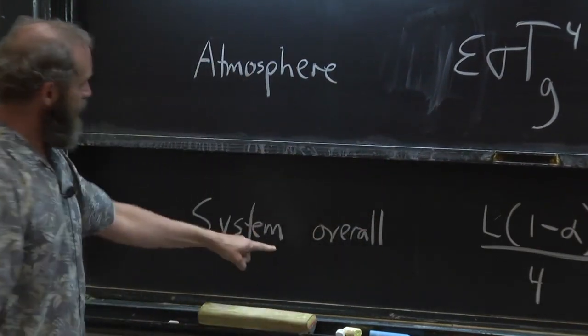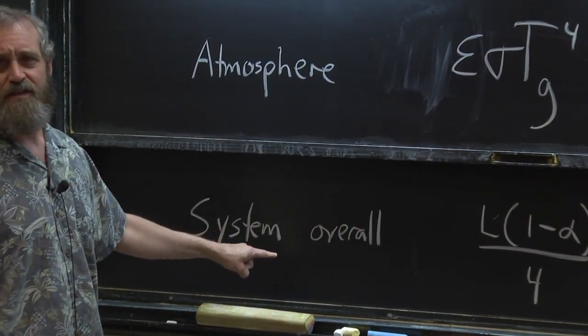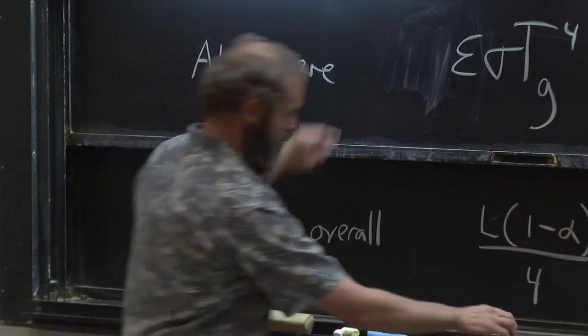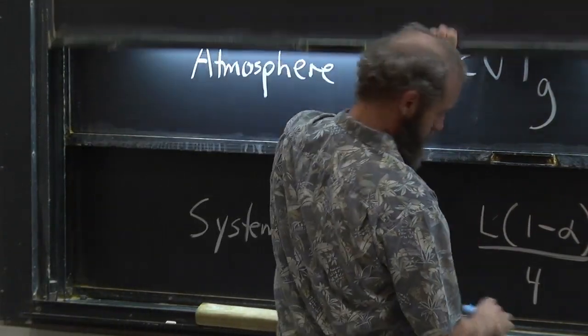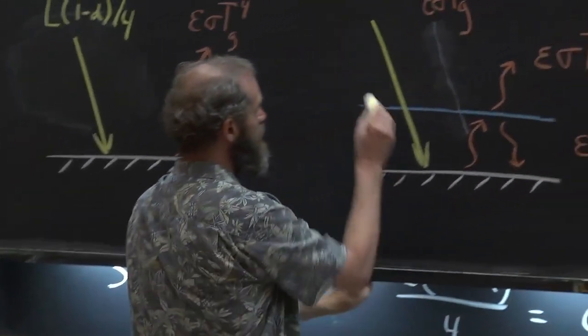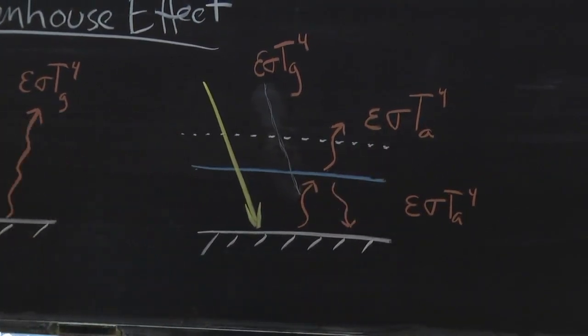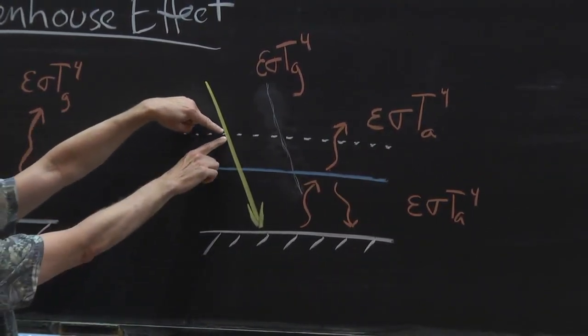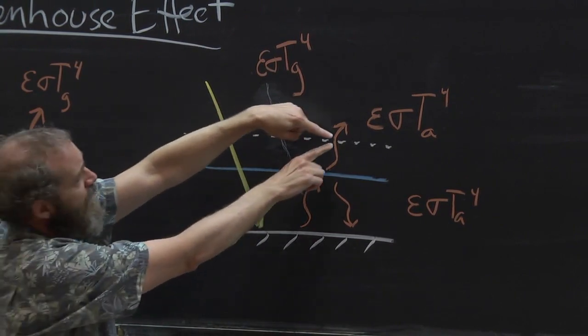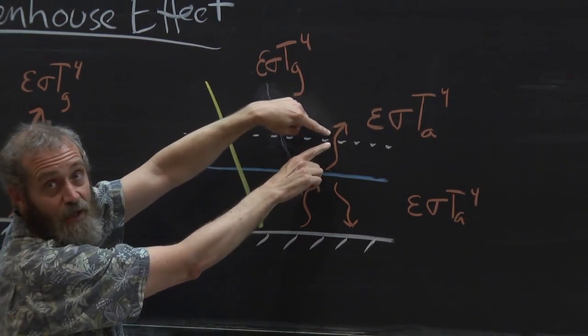And it is a budget for the Earth system overall. So we can draw a line, sort of a boundary to space above the atmosphere, and the energy crossing this boundary to space coming down has to balance the energy crossing the boundary to space going up.